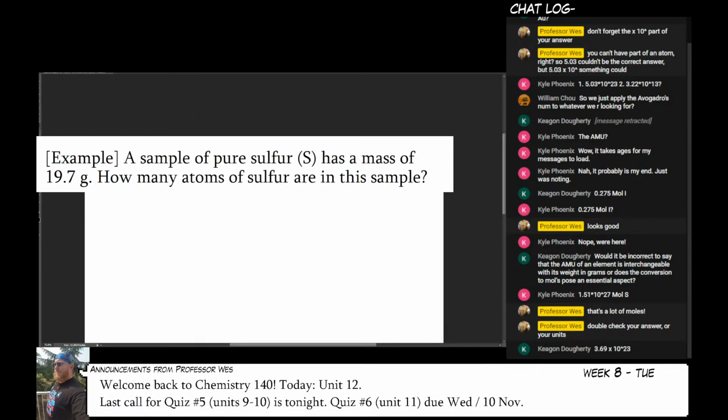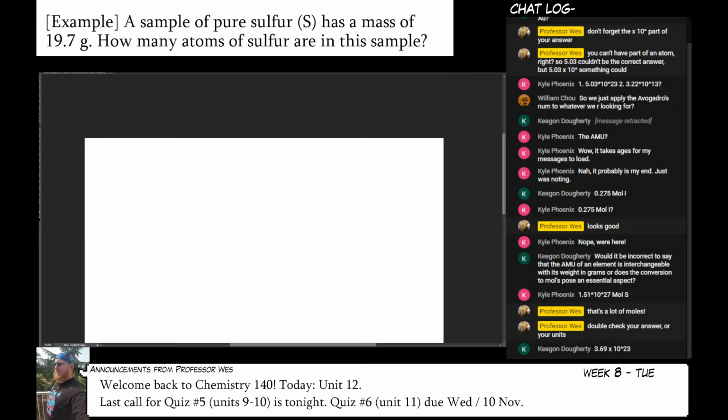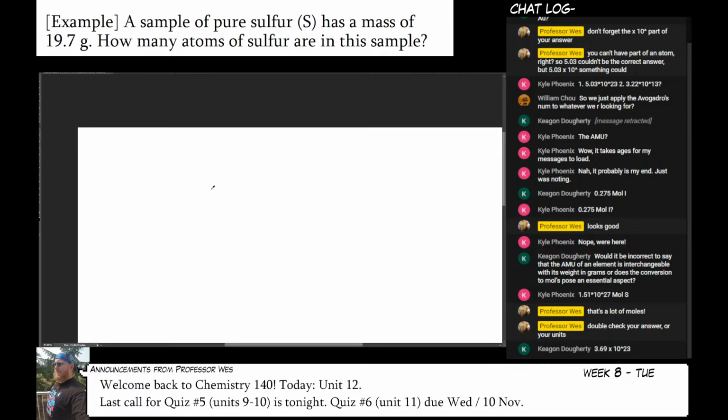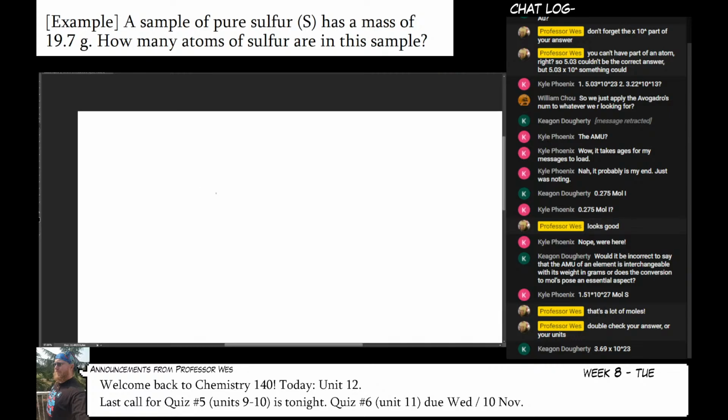So, what do you do if you have to go from grams to atoms? Now, the problem isn't asking you to calculate the number of moles, but you need to know the number of moles in order to effectively finish the problem. So if I have 19.7 grams of, what is this, sulfur?